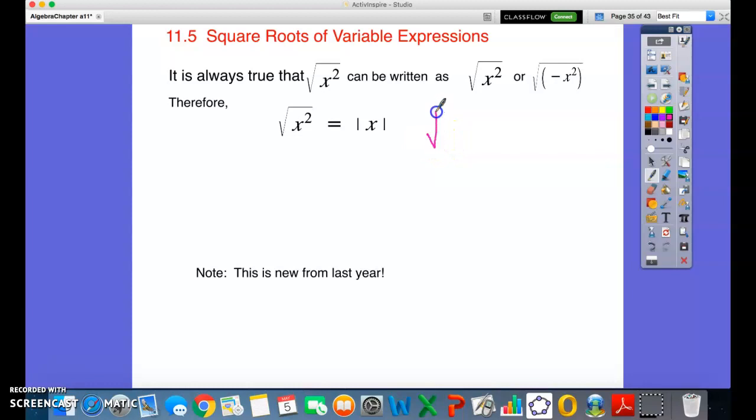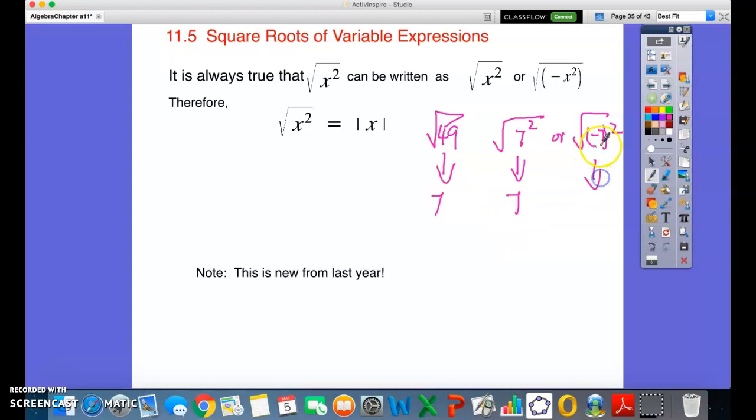For example, if we have the square root of 49, we can write it as either 7 squared or negative 7 squared, right? But the absolute value symbol means we are taking the principal root, the positive one. So we need to get 7. If it's a positive value, it's fine.